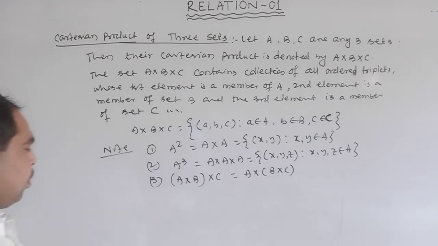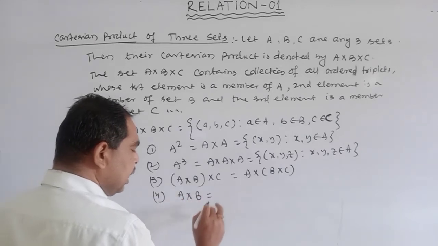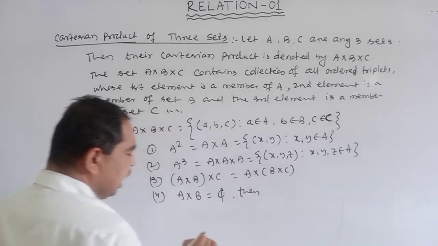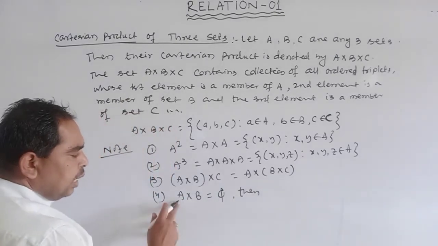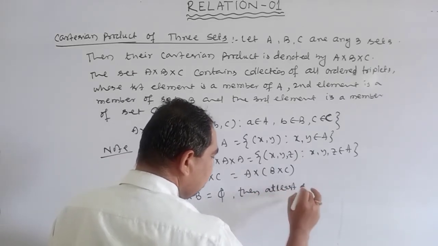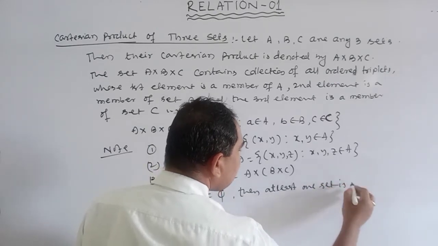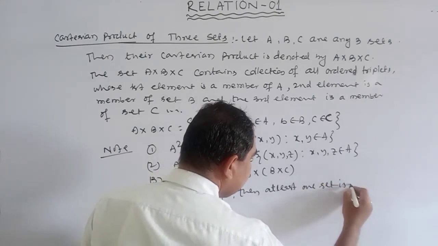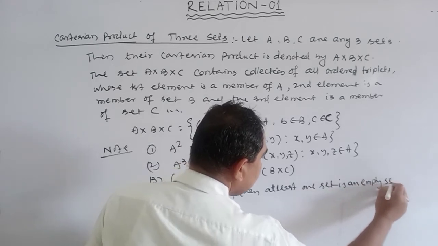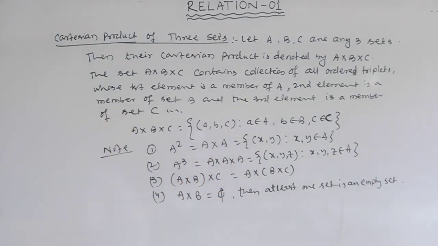Next, 4: if A into B is equal to the empty set, then at least one of the sets is an empty set.